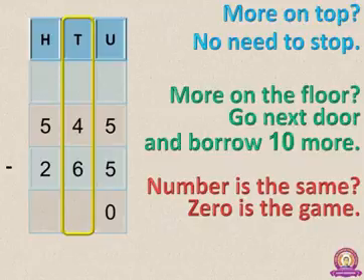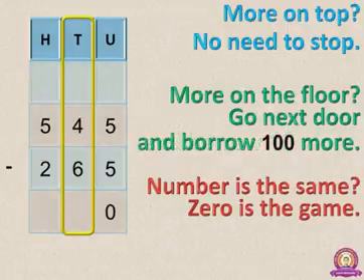But we have to borrow from the hundreds column. Instead of borrowing 110, we will borrow 100. Let us borrow 100 from 5 hundreds. Strike 5 and write 4. 100 and 4 tens together makes 14 tens.